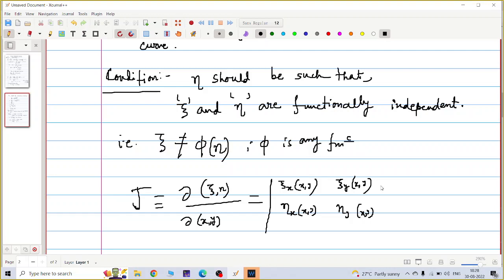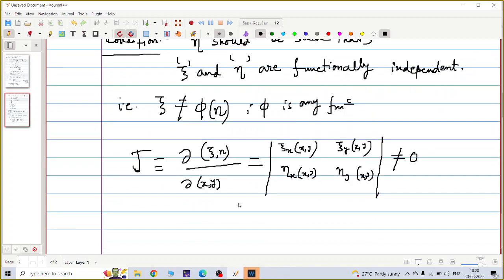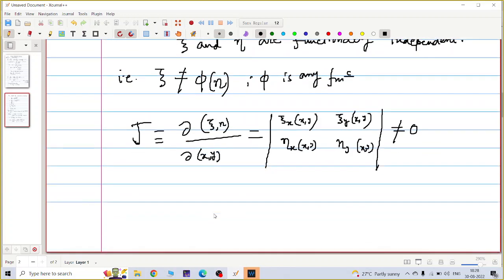If this Jacobian is non-zero, then I will say the functions xi and eta are functionally independent. Okay, is it okay up to this?